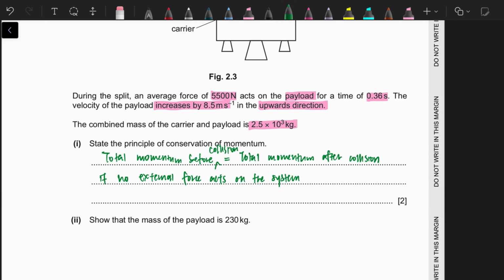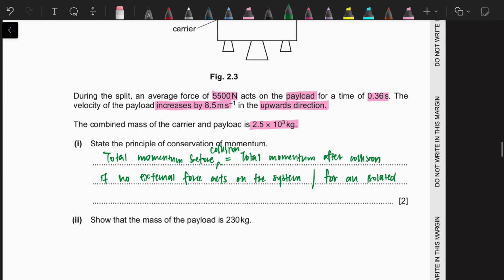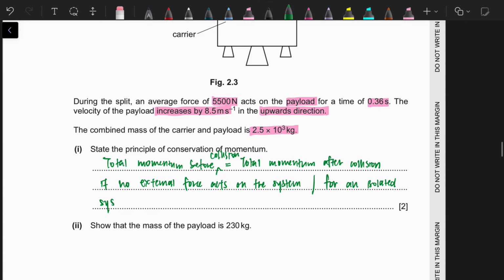Or instead of saying total momentum before collision is equal to total momentum after collision, you can say that the total momentum of a system is conserved or is constant if no external force acts on the system, or for an isolated system.